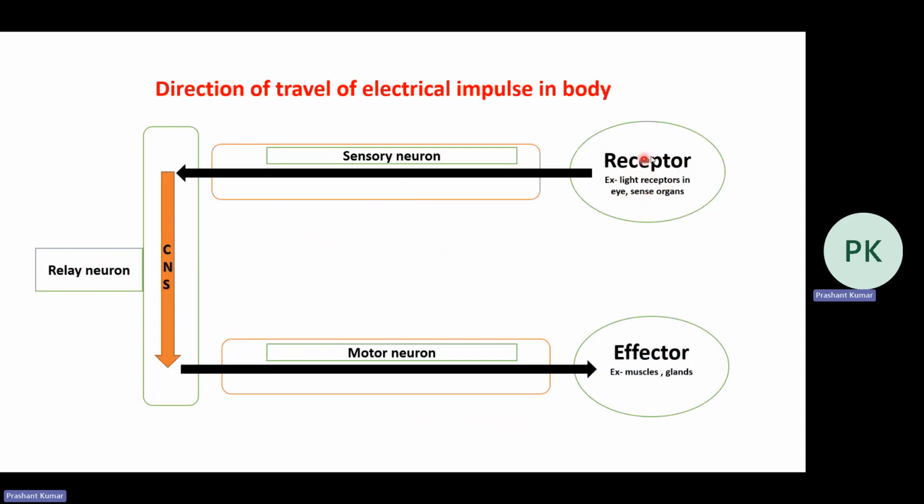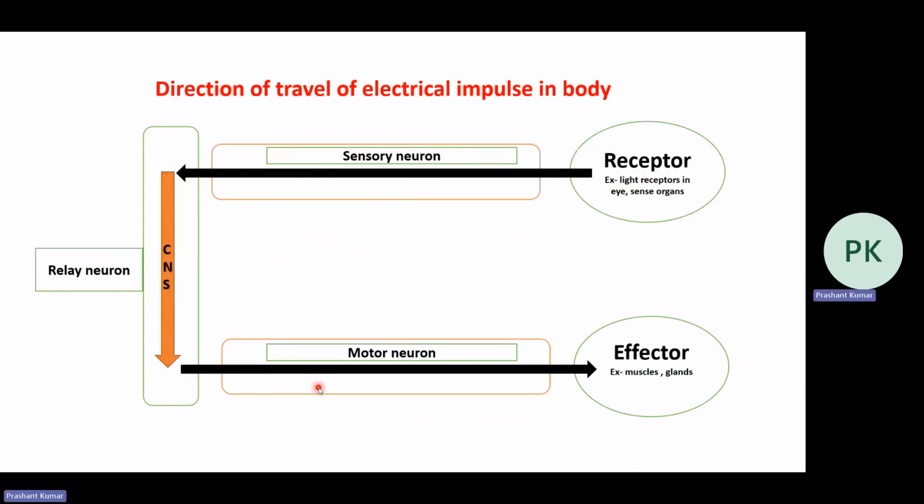This is the receptor molecule on your skin, like a sense organ, right? Your eyes. Information from the receptor molecule goes to the central nervous system through the sensory neuron. The central nervous system will receive it and send appropriate information to the muscle cells, right?